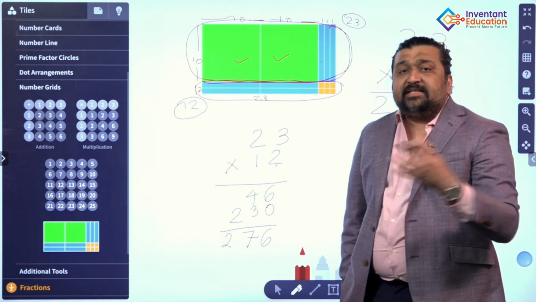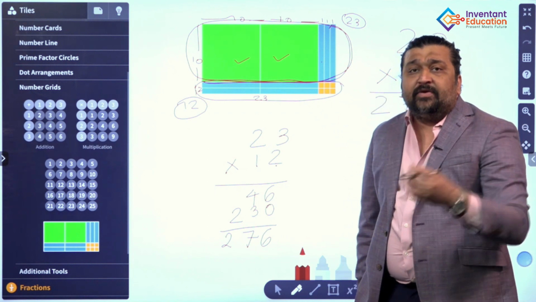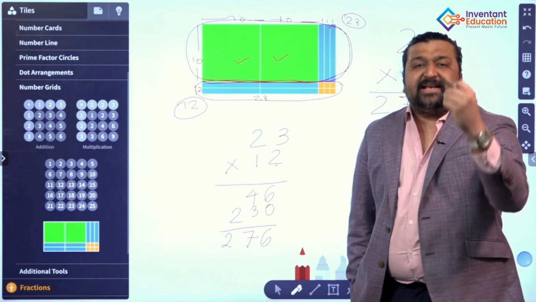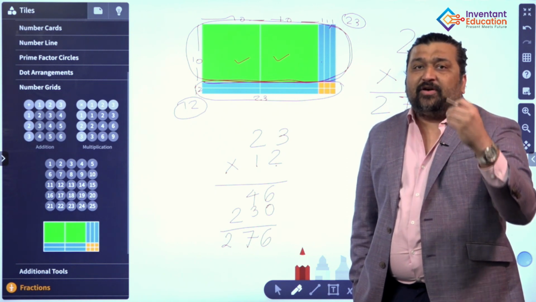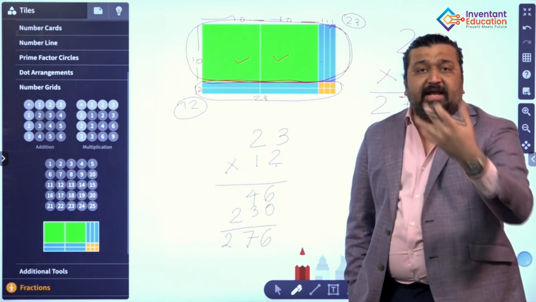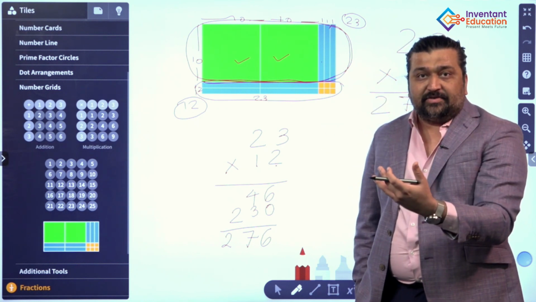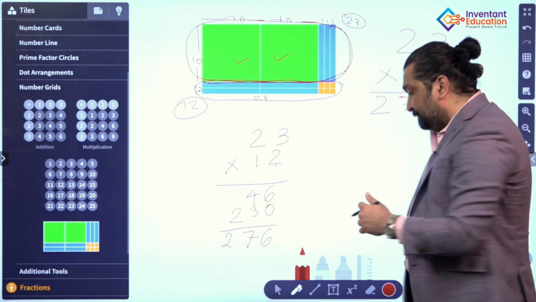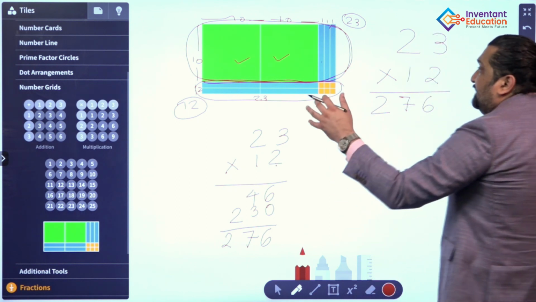Now I will consider the same manipulative to explain decimal multiplication, but for that first we need to consider the values and areas of our manipulatives. So I'll clear my screen and set the new example.